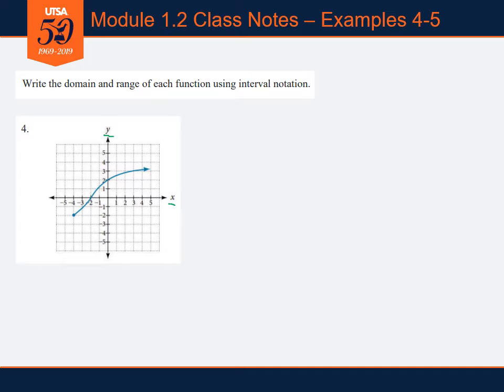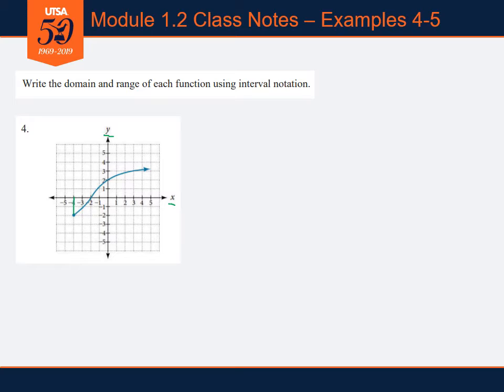All my x values, reading the graph left to right. Specifically, I note that I don't have any values farther to the left. The function has no representation to the left of -4 here. So my input values start at -4.